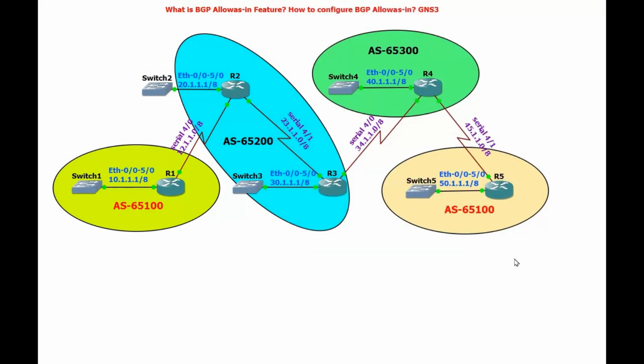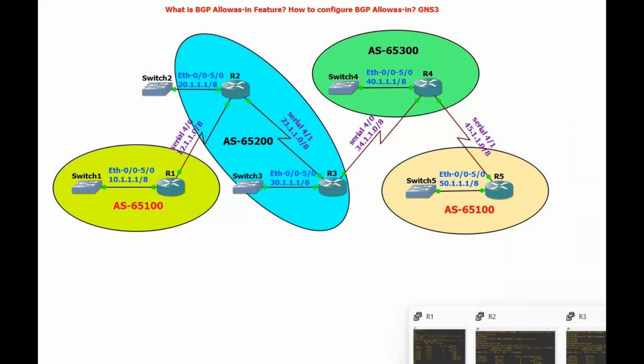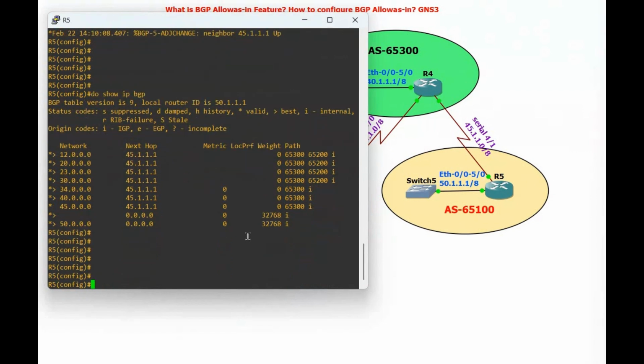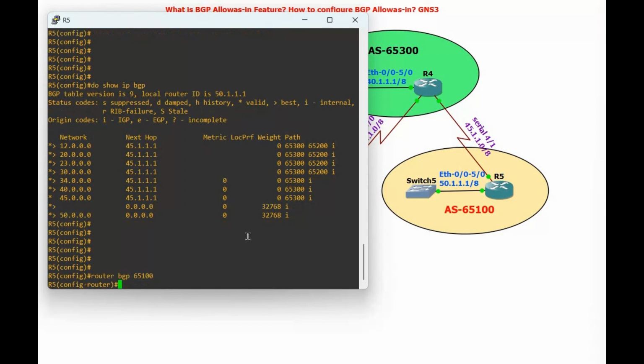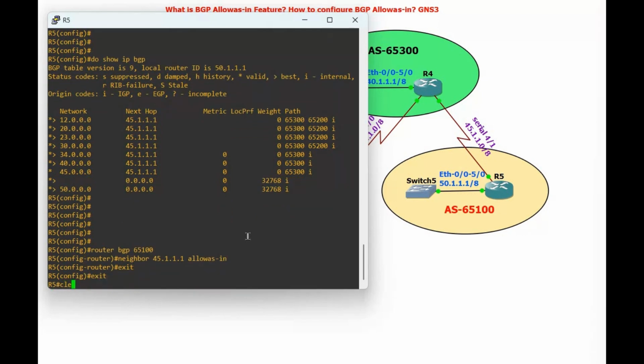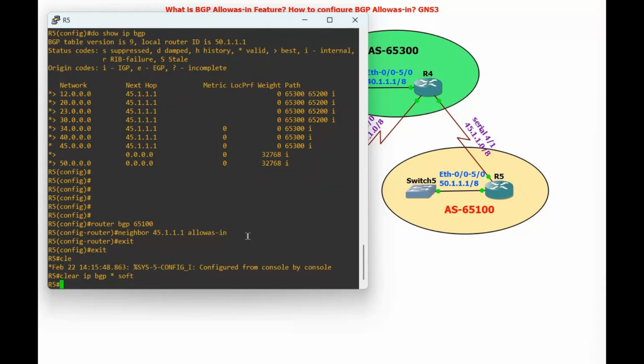Now the same command we are going to configure on router 5. Router BGP 65100 and neighbor 45.1.1.1 allow AS in. Exit. Clear IP BGP soft.